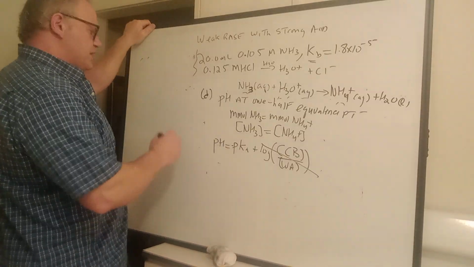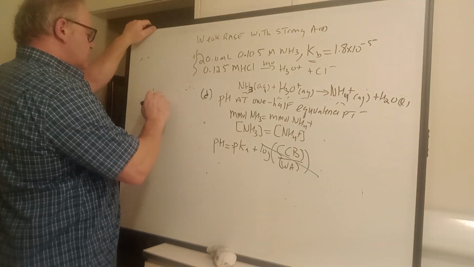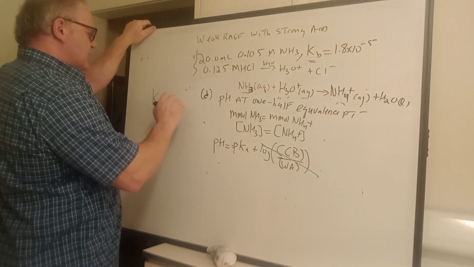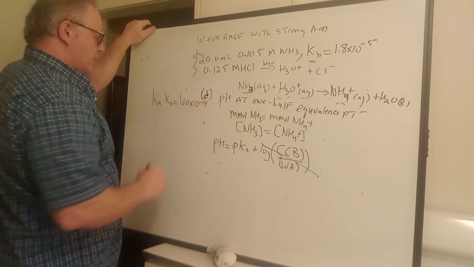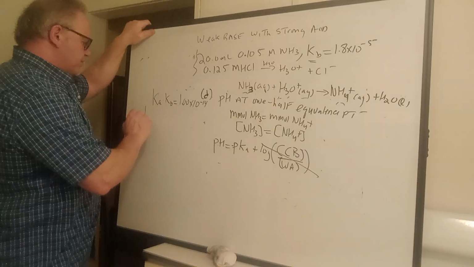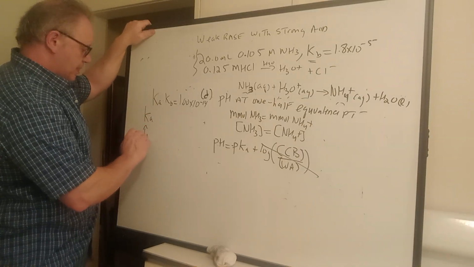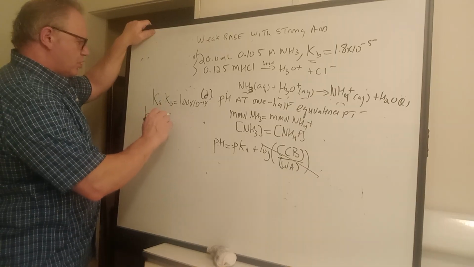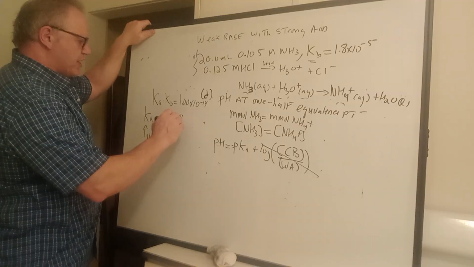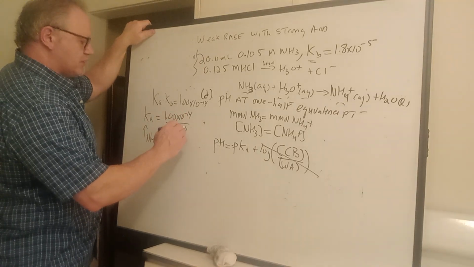So in that case, for the pKa, we need Ka. So Ka times Kb is Kw, which is 1.00 times 10 to the minus 14, right? So Ka, this is the Ka for the ammonium ion, is equal to 1.00 times 10 to the minus 14 divided by 1.8 times 10 to the minus 5.